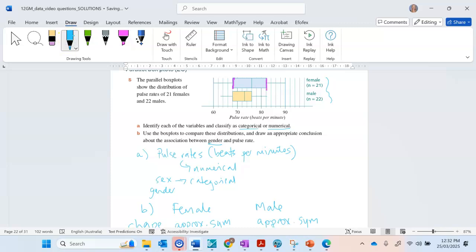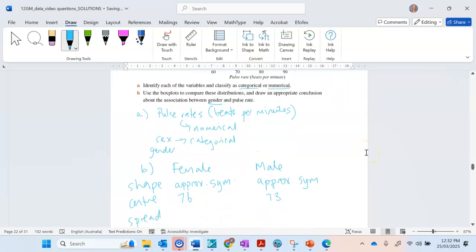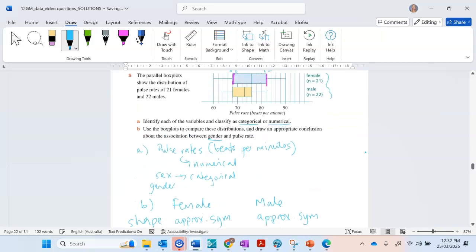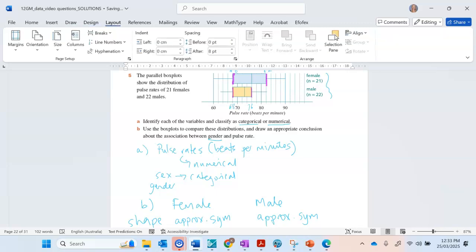So the first one is at 68, and then we're at 82. So your interquartile range is 82 minus 68, which is 14. And then for the males, we're going from 68 again, but this time to 76. So that is going to be 8.